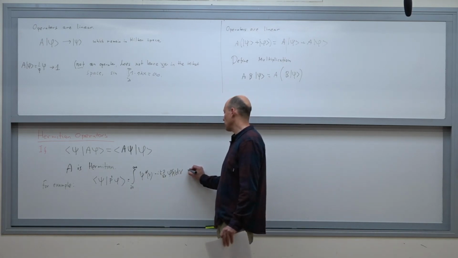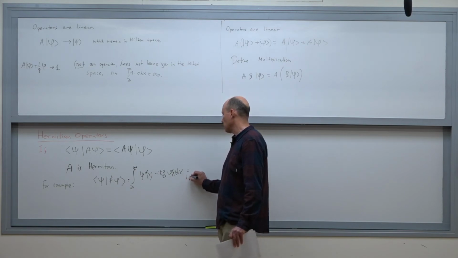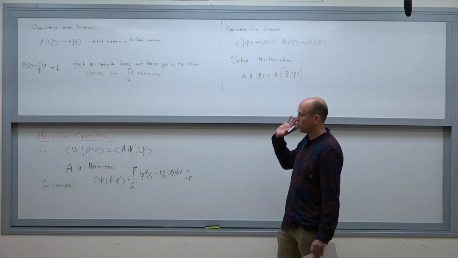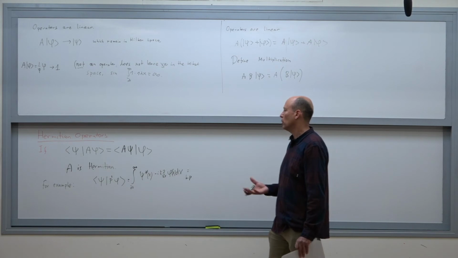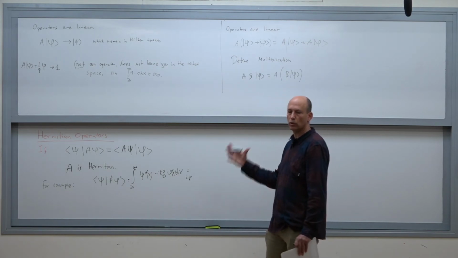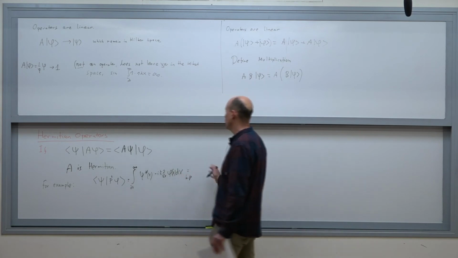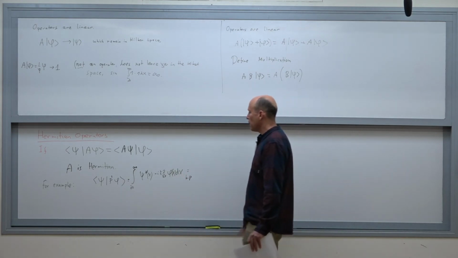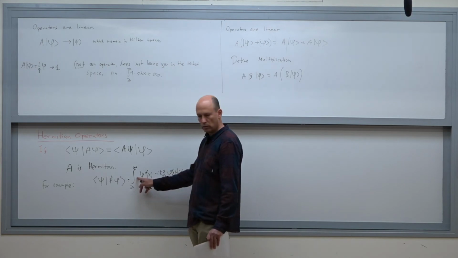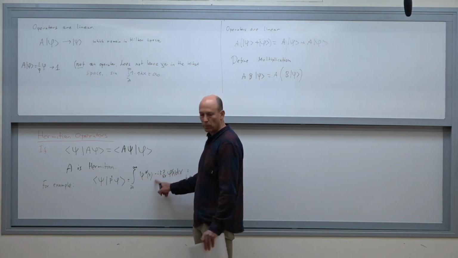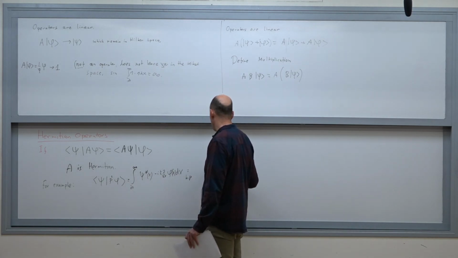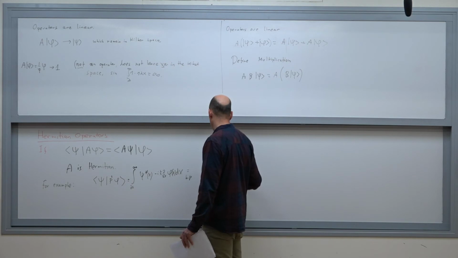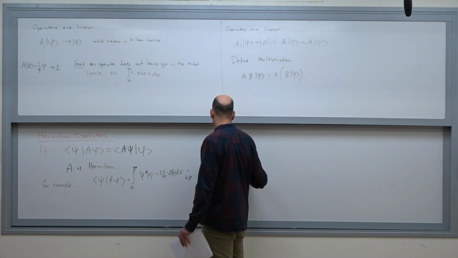Now I do something that I did before, integration by parts, using the boundary conditions that everything on the boundary is going to be 0, which is due to the norm of the wave function, because now we stated the norm has to be finite, so I can do integration by parts. This is the boundary condition, and then you know what will happen. This guy will go here, but it will go here with a plus sign. So this guy will be i h bar d over dx psi star, phi dx.